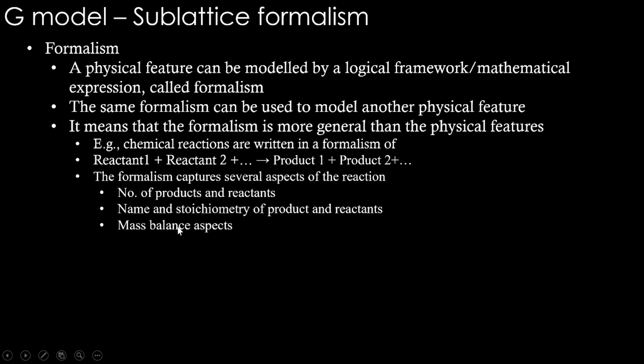And also we can put balancing aspects. So how many moles of one reactant are there, is it balanced, we check that. So that is the mass balance aspect, that is also there. And the direction of reaction, all these things are captured in this framework. And this is a logical framework, it can be used to write any reaction. So this is where the framework becomes more powerful and general to represent so many different things.